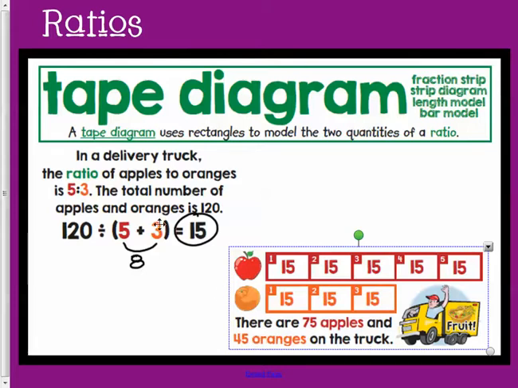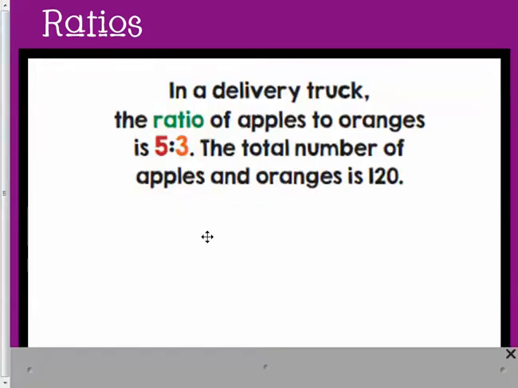So right there, that is one way to solve. Okay, let's look at another way. We can, right off the bat, label 5 and 3 as separate ratios with the total. So I have 3 oranges and 5 apples out of, this is total fruit.